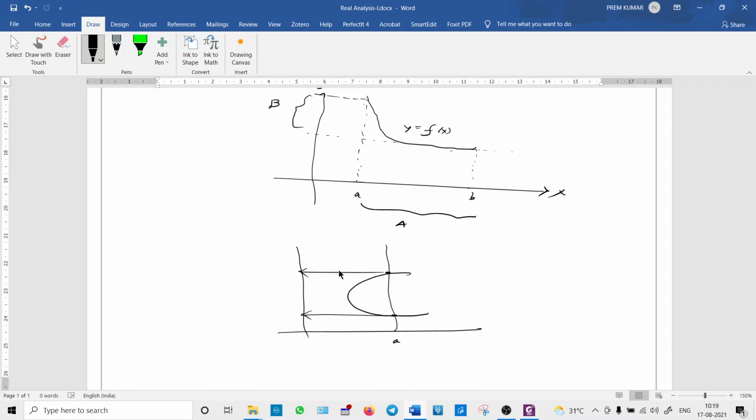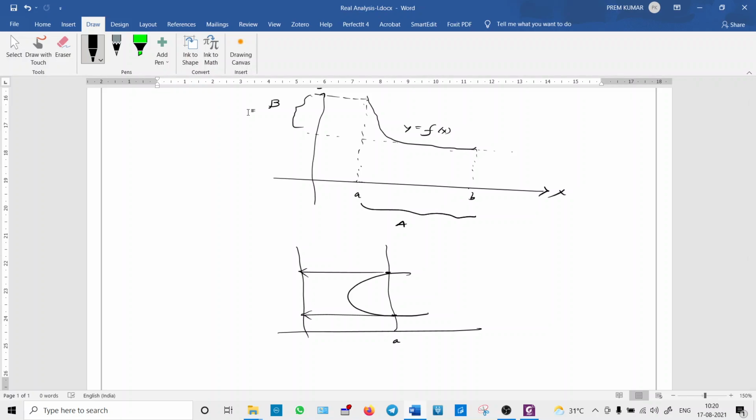Suppose the graphs are given, all the graphs are mappings, but which is a function? Immediately you can construct a vertical line in the domain. If anywhere it is meeting at more than one point, then we can assure that it is not a function. Like this, many questions they will ask in competitive examinations. They will give some graphs and ask you to check which mapping is not a function.